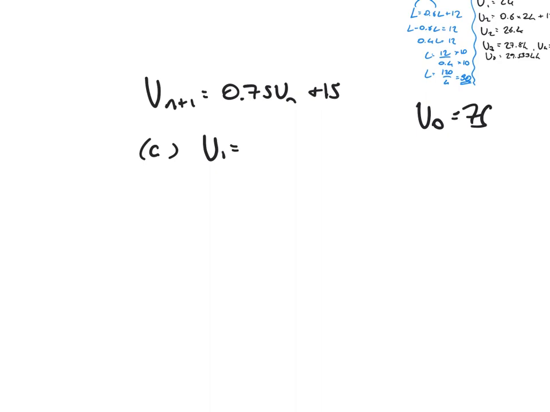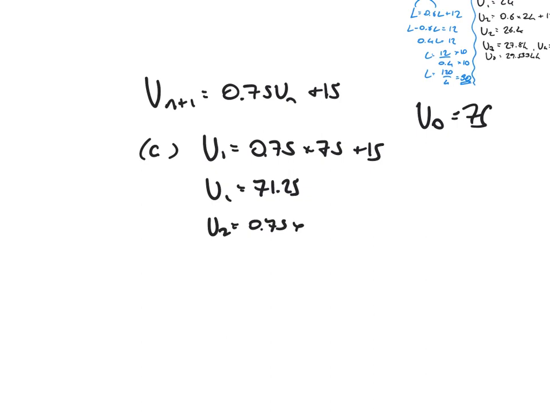So u1 is equal to 0.75 lots of u0, which is 75, plus 15. That will give me 71.25. u2 is equal to 0.75 lots of 71.25 plus 15, and that will give me 68.4375.